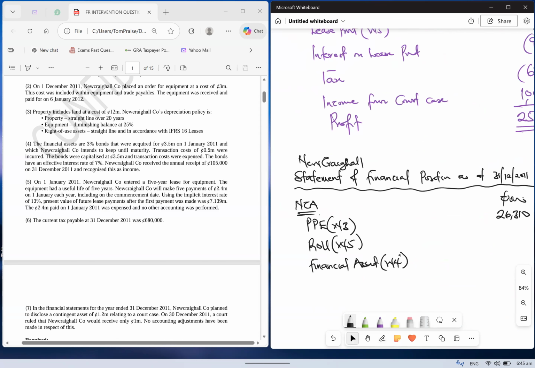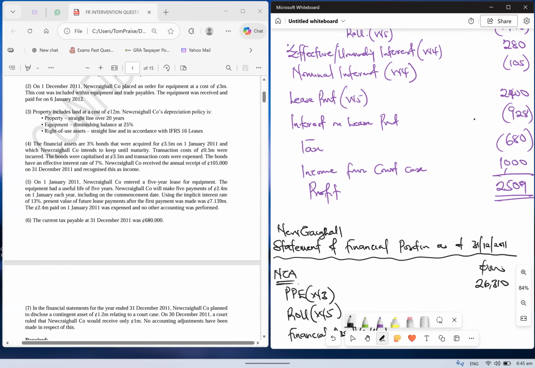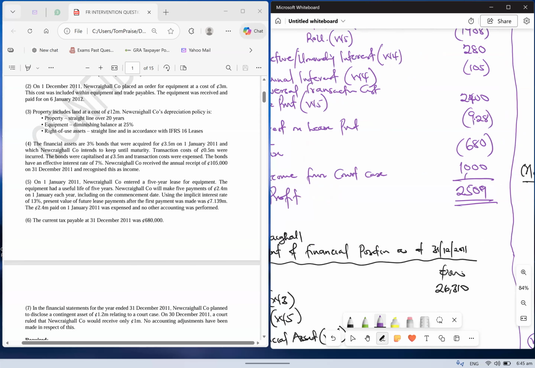Add 500 to it, because you can't expense it. So reversal of transaction cost expense. If they deducted, we need to add it back. It shouldn't be there. Add 500.